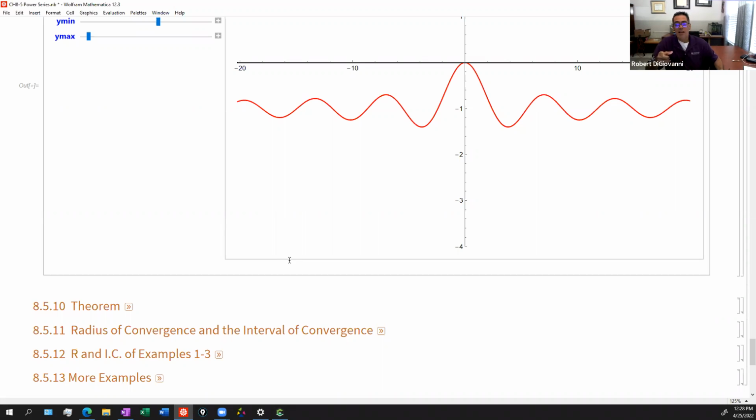It's an infinite sum of sine and cosine functions, so it's not a power series. When you add up an infinite number of sines and cosines, you start getting into Fourier series, which in engineering you're going to do a lot of.